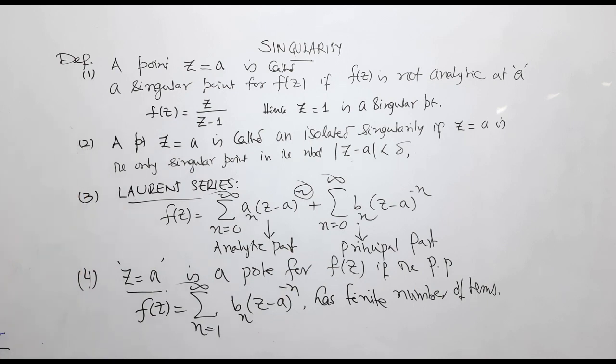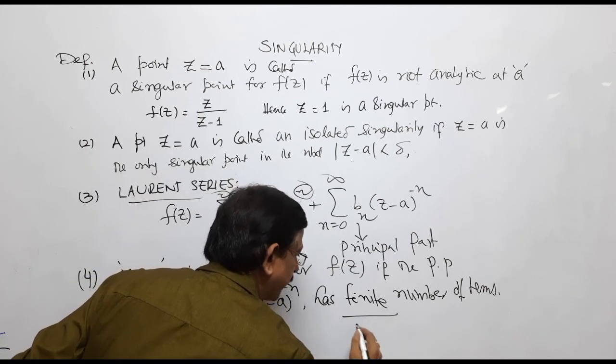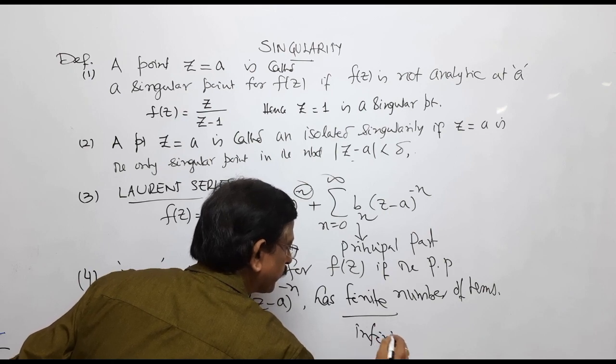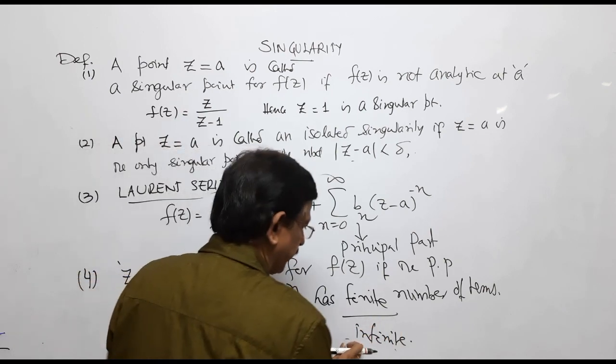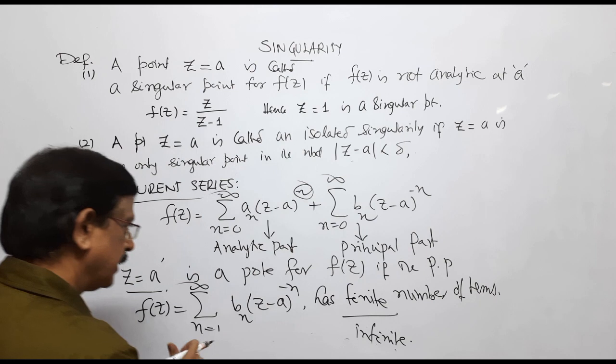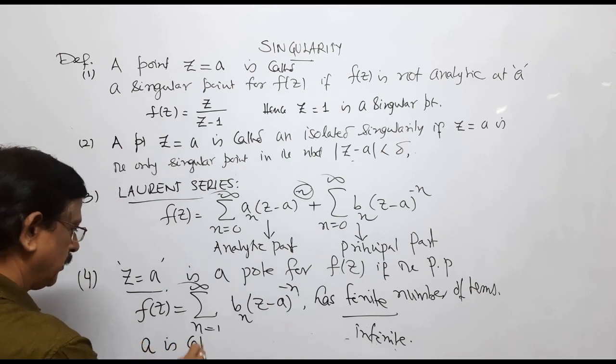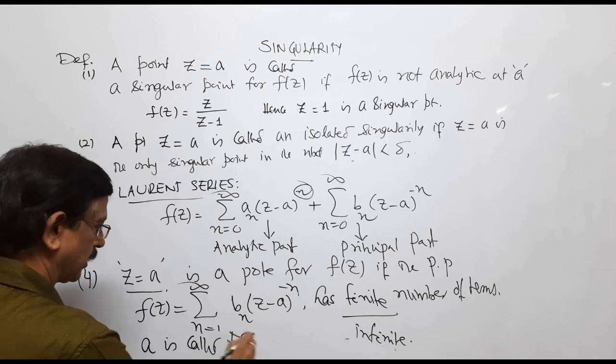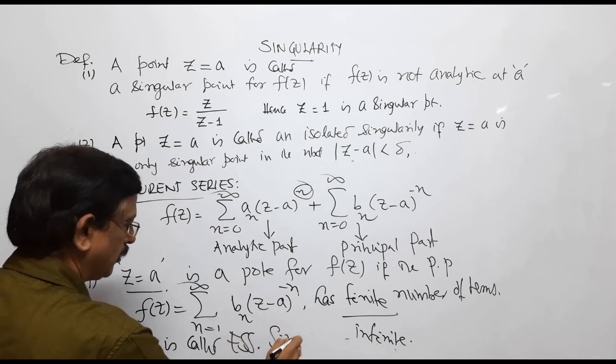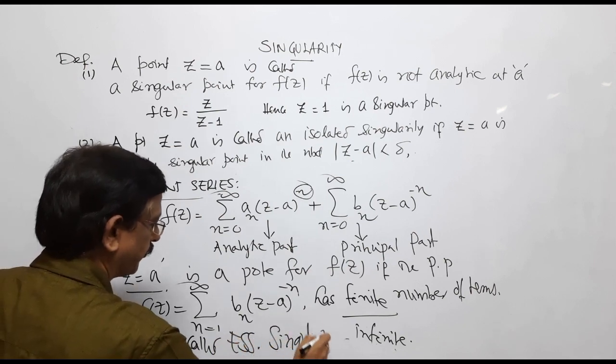If it has a finite number of terms, then it's called a pole. Suppose the principal part contains an infinite number of terms. If it contains an infinite number of terms, then a is called an essential singularity for f(z).